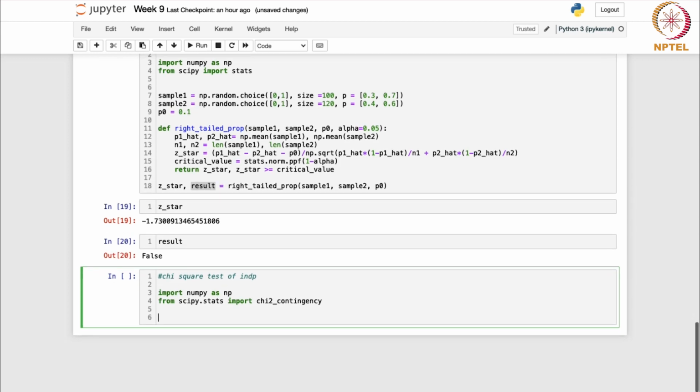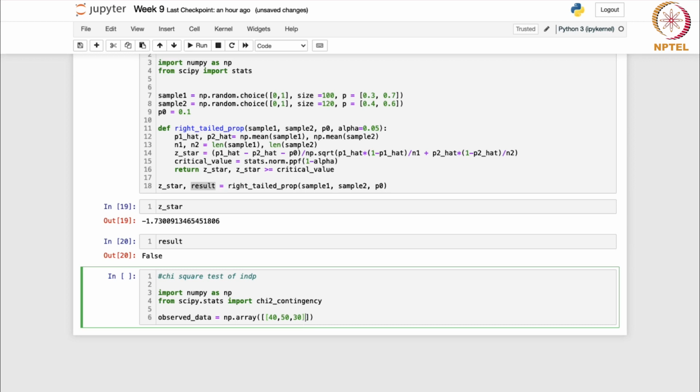Let us consider the observed data, in the form of an array. Here we have (40, 50, 30) suppose.